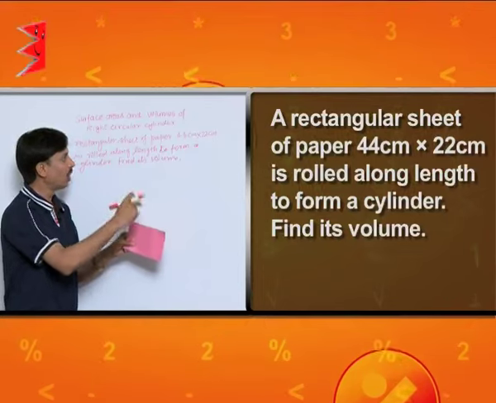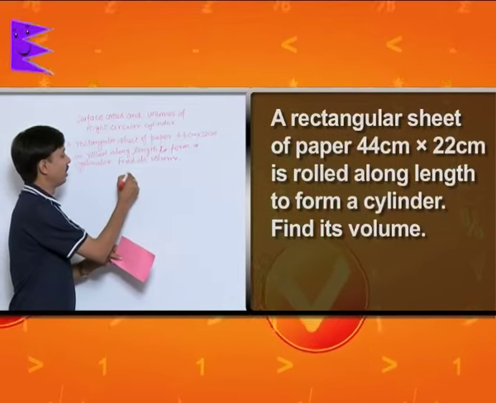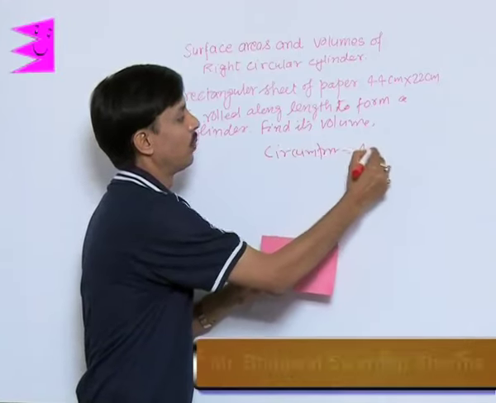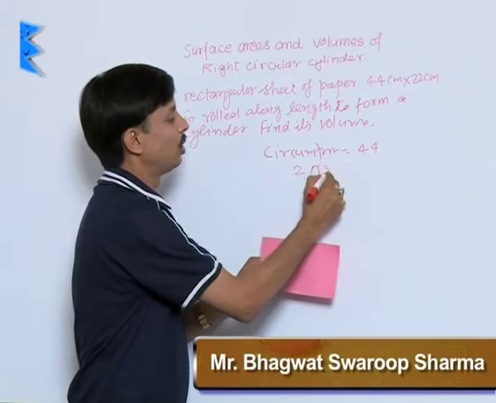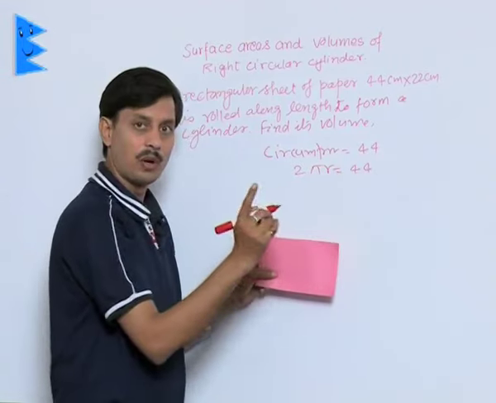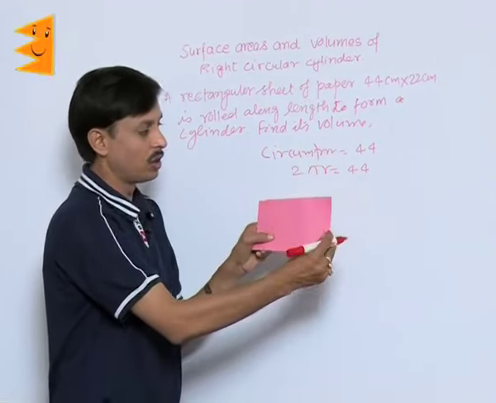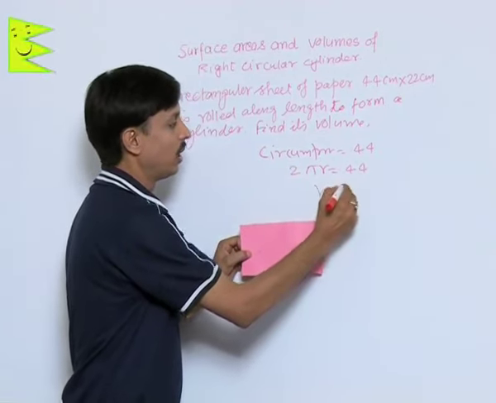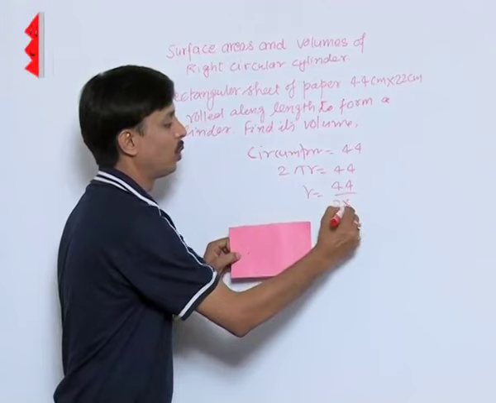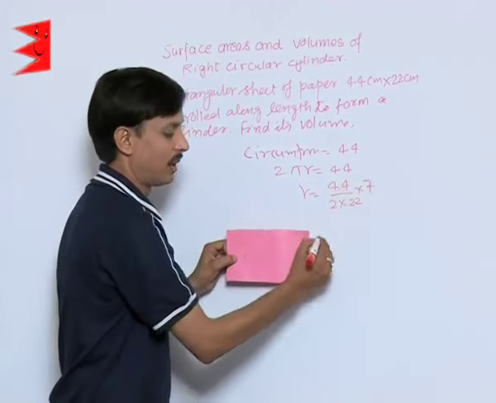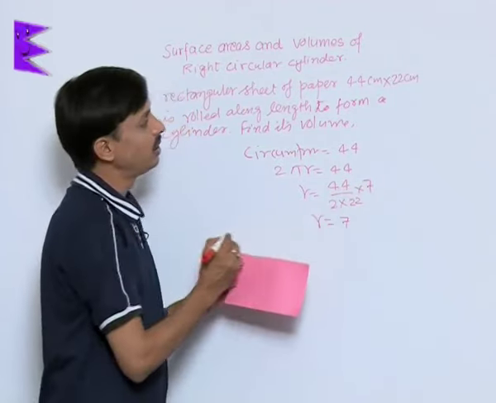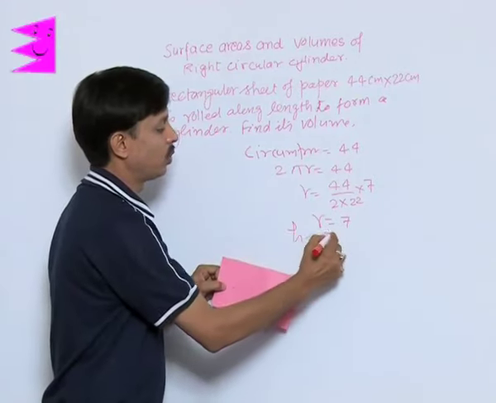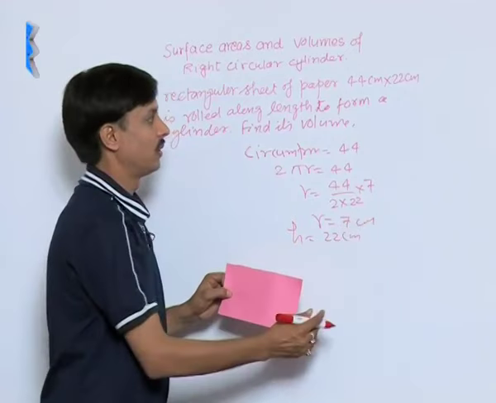When a sheet is rolled along the length, then we can say the circumference is equal to 44, that is 2 pi r is equal to 44. Why circumference 44? Because it is rolled along the length. So the radius is equal to 44 upon 2 into pi, 22 by 7. So the radius comes out to be 7. Height is the breadth. Height is 22 centimeter.